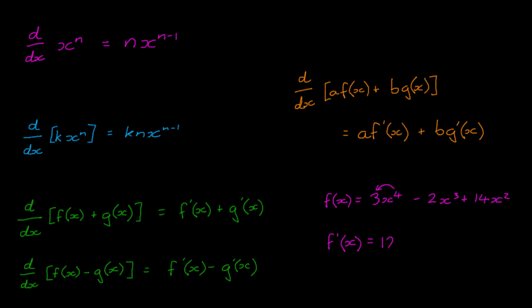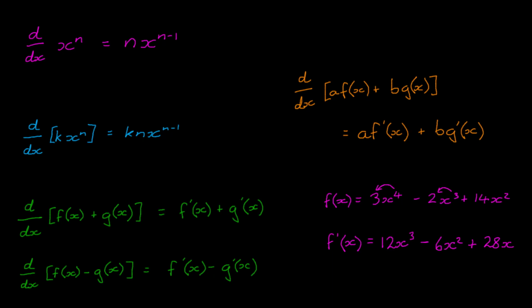So that gives us 12x to the power of 3 minus 3 times 2 is 6x to the power of 2, because we drop that power by 1, plus 14 times 2 is 28 times x.